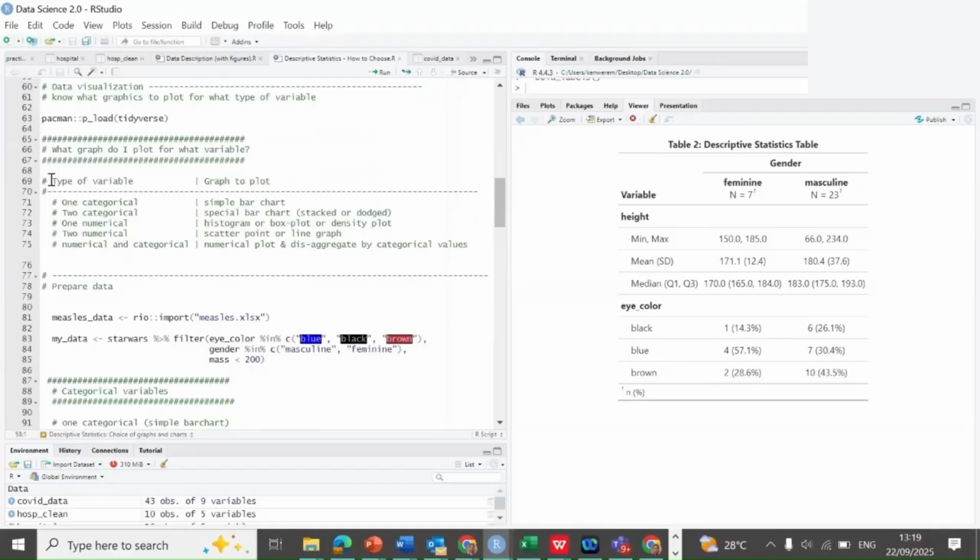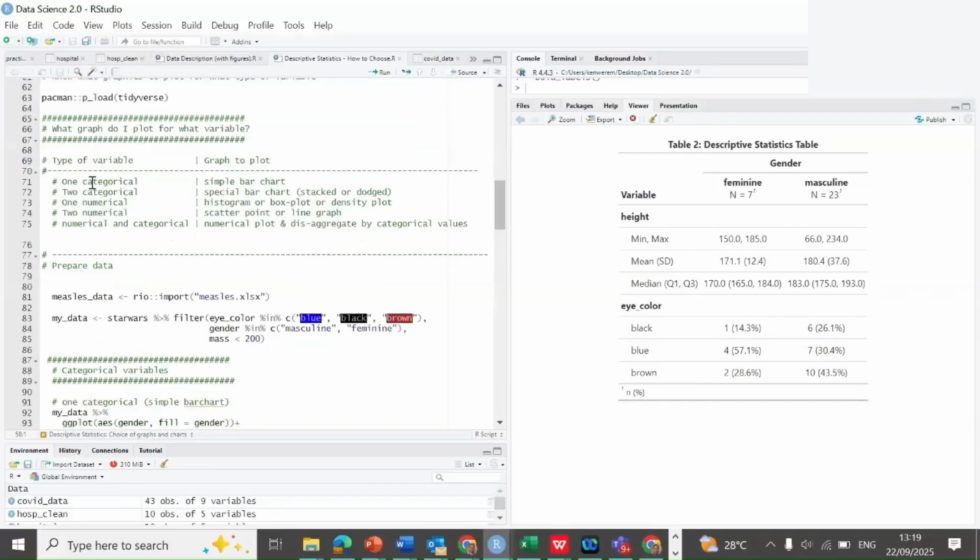So again, it's good to know what type of variable and what graph to plot for that type of variable. So I've just prepared a small table here. If we have one categorical variable that we want to describe, we use a simple bar chart to describe it.